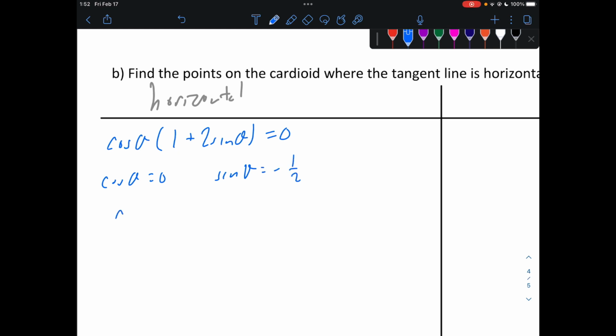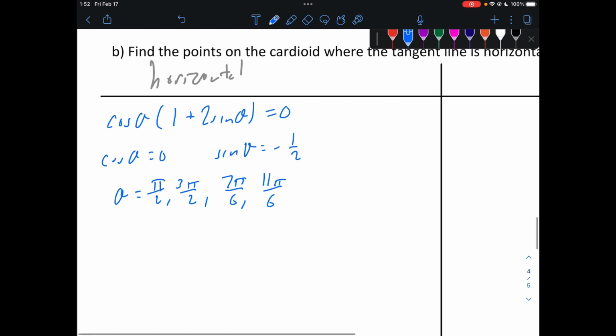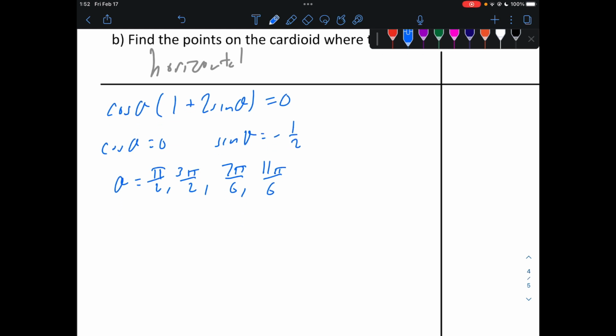So this is going to happen at pi over 2, 3 pi over 2, and then sine would be negative 1/2 at 7 pi over 6 and 11 pi over 6. So we got 4 options for where theta would give us a horizontal tangent.